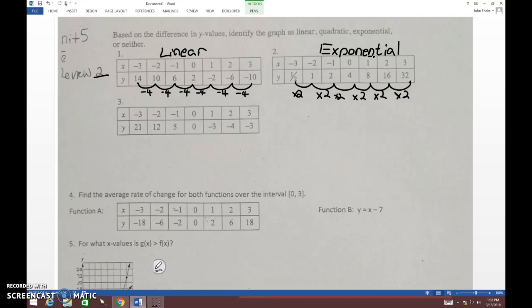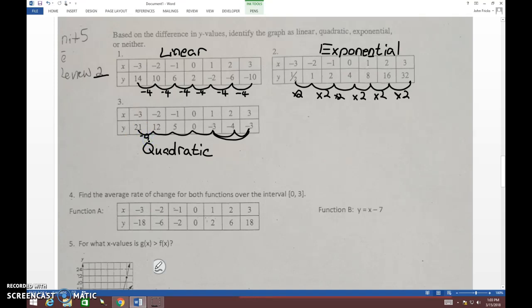So on the next one, you can see here that we have -3s on both sides. So that's a telltale sign that it's going to be quadratic. Remember, you can check this, though, if you want to do the second difference. You can check it just like we did earlier. So in this one, we'll just look at each difference here. So 21 and 12, that's going to be -9.